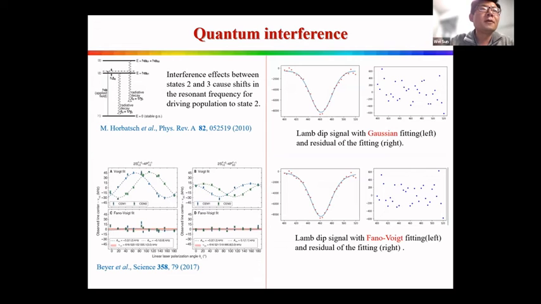For example, in the 2S-4P transition frequency measurement of the hydrogen atom conducted by Beyer and co-workers, the line center of a spectrum fitted without considering the quantum interference exhibited a strong laser polarization dependence.